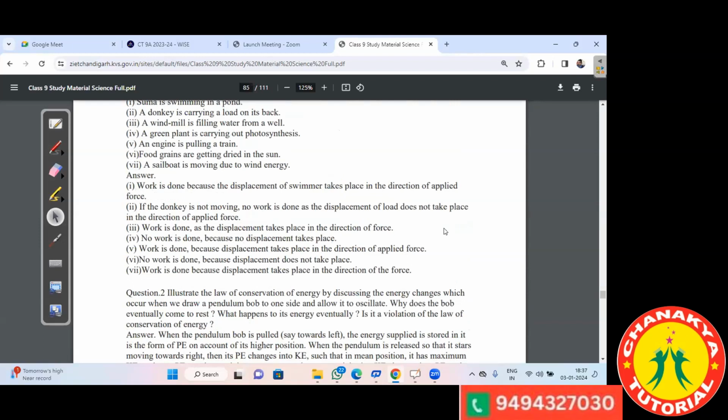Okay. See here, question number 2. Illustrate the law of conservation of energy by discussing the energy changes which occur when we draw a pendulum bob to one side. So now this time Siddharth will explain. Yeah, Siddharth. Can you repeat the question? It's your question number 2.